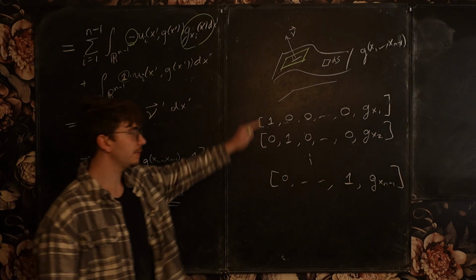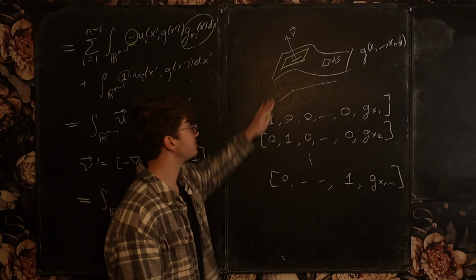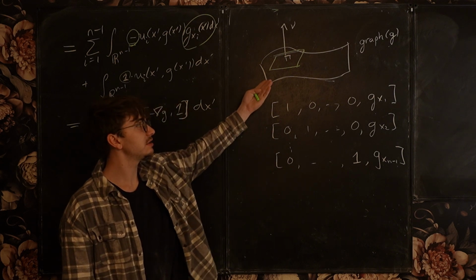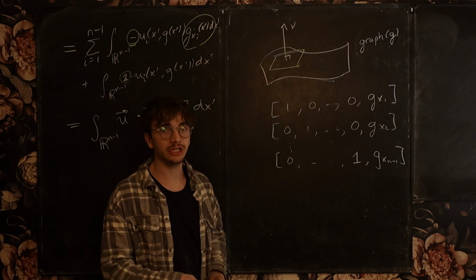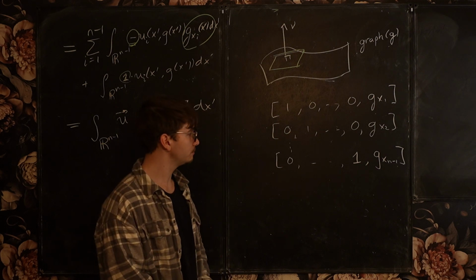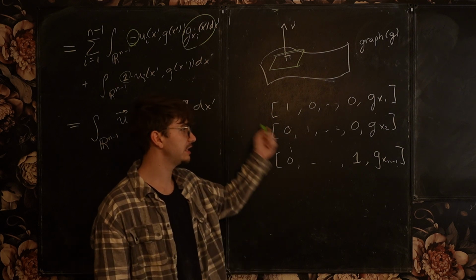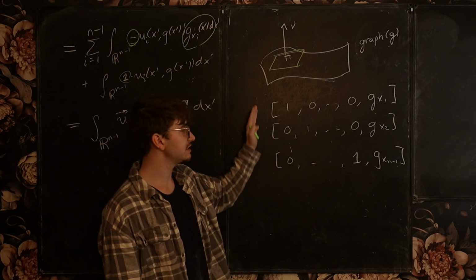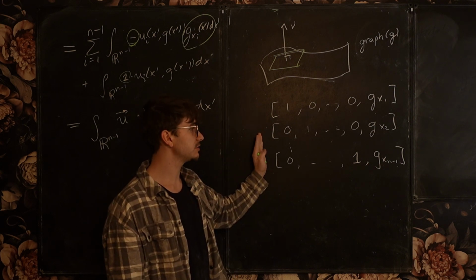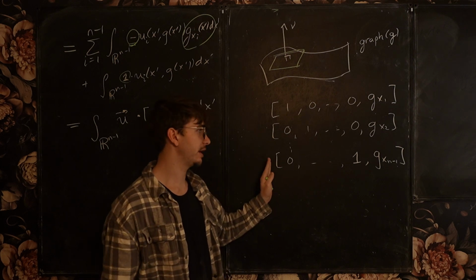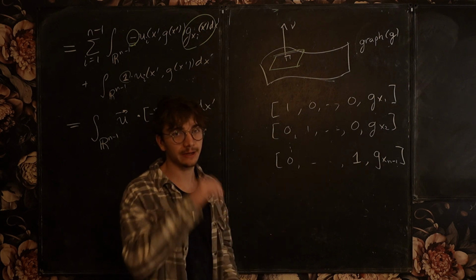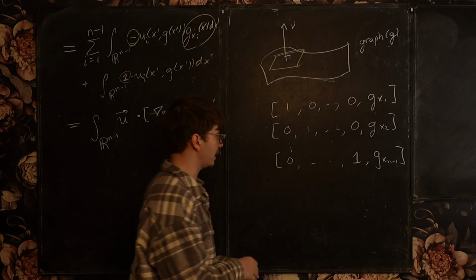So here are n minus 1 vectors that span the tangent plane to the graph of g, which is again locally the boundary of our set U. And notice that these are linearly independent vectors. We can see that because the matrix formed by these n minus 1 vectors is of full rank, namely because it contains an identity matrix as a submatrix. So it's certainly full rank.